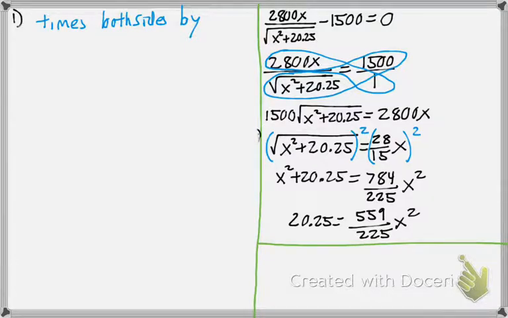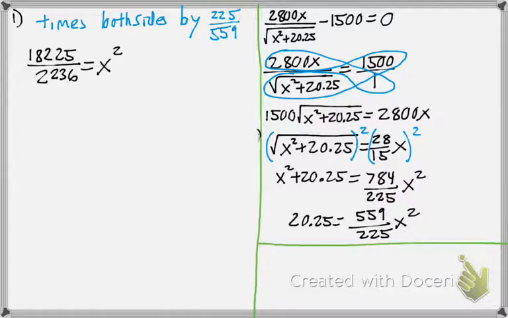So if you multiply by the reciprocal, so by 225 over 559, then you should get 18,225 all over 2,236 is equal to x squared.